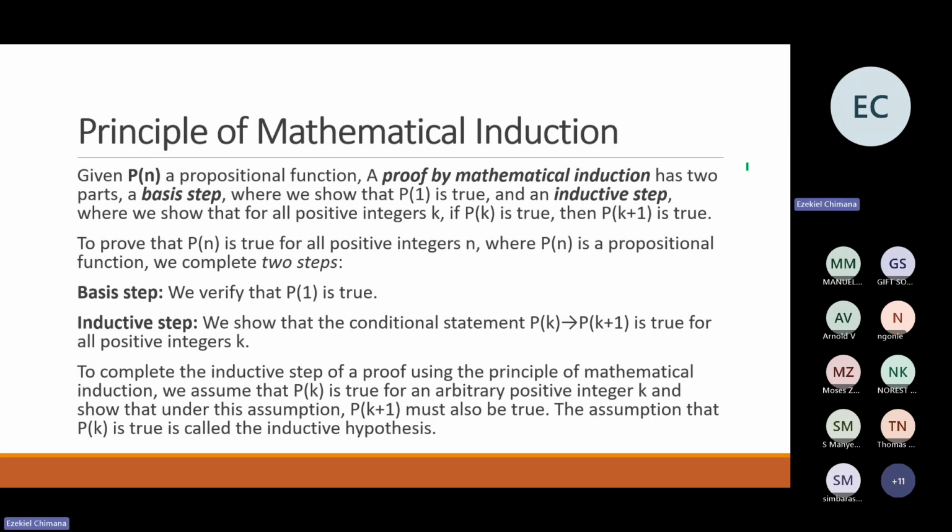So what I'm saying here is that we have the basis step when you are doing proof by mathematical induction, and we have the inductive step. I'm sure that's what you have to master there.